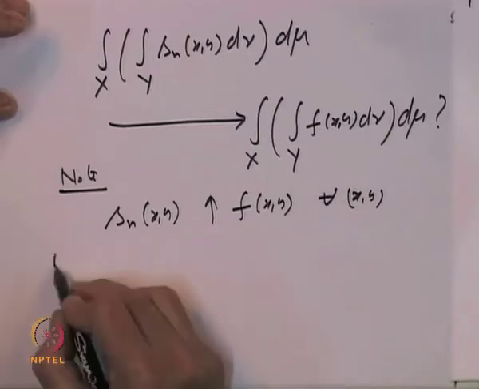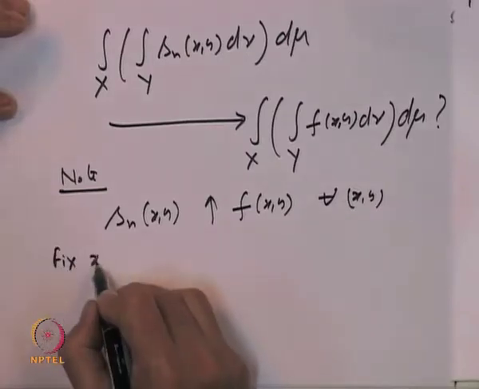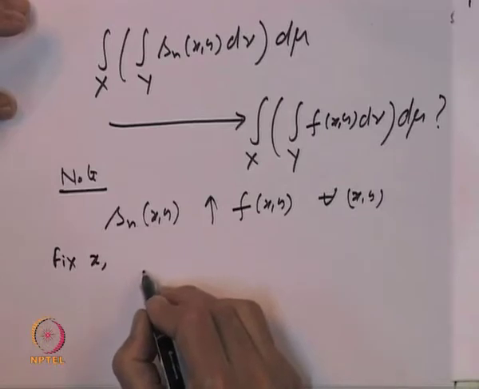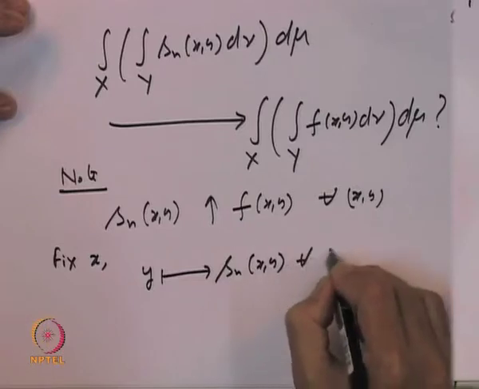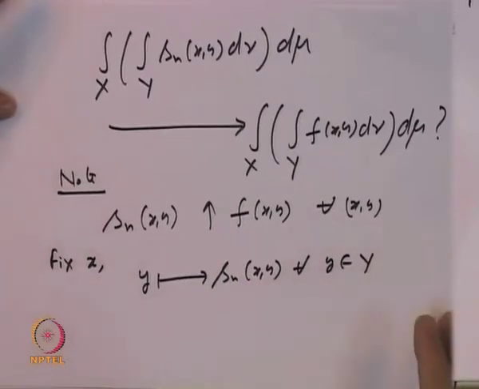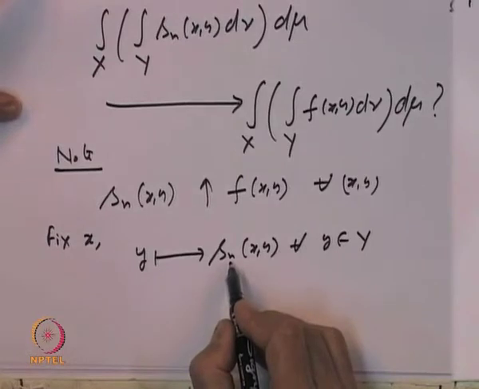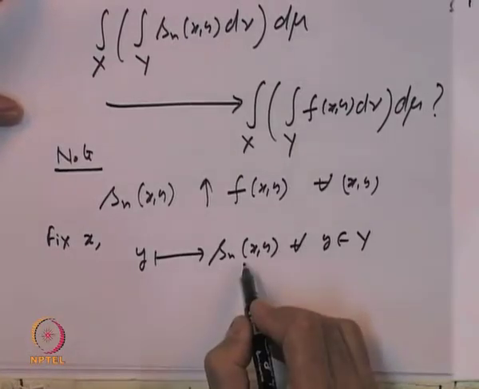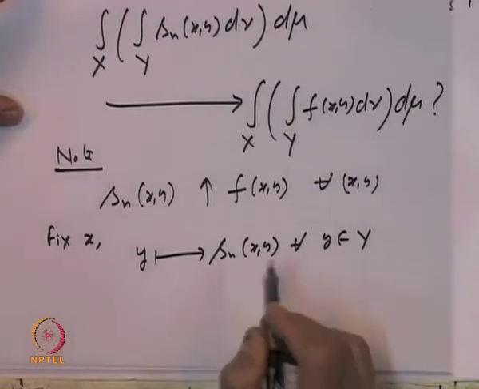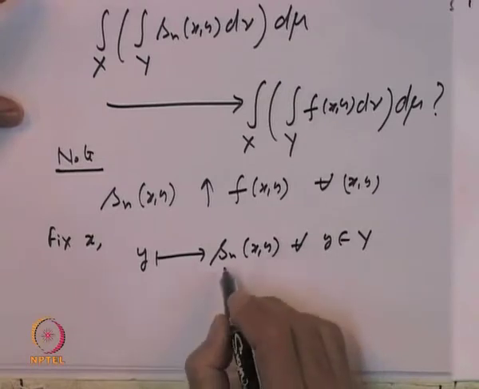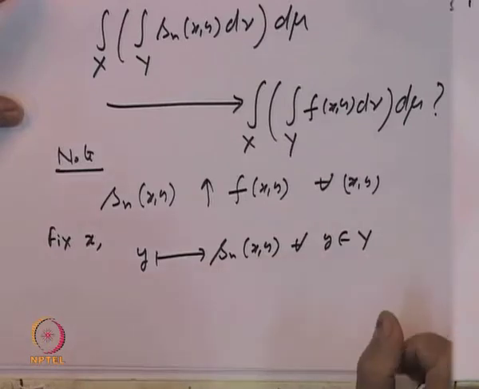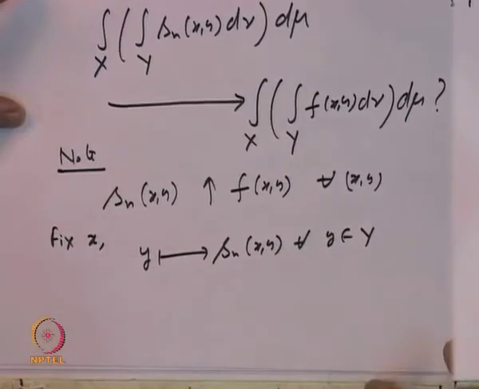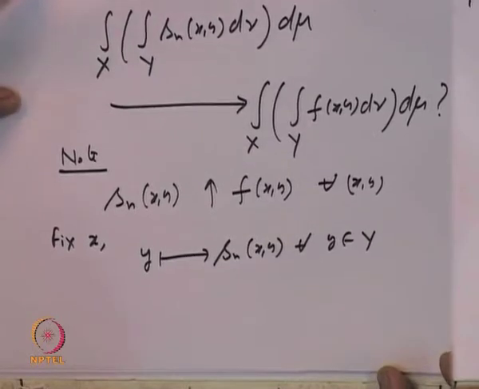So, if we fix x, then we get a function y going to s_n(x, y) for every y belonging to Y. Because s_n itself is increasing, this sequence of functions, we already know, are measurable functions. For every simple function, we had seen that if you fix one of the variables, the other one is a measurable function. For simple functions, that is true.